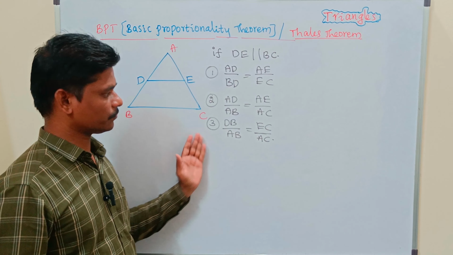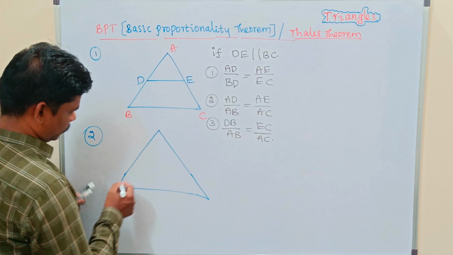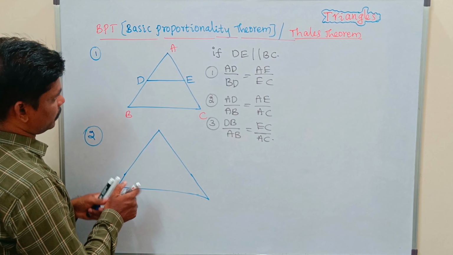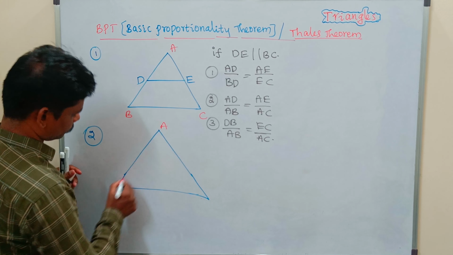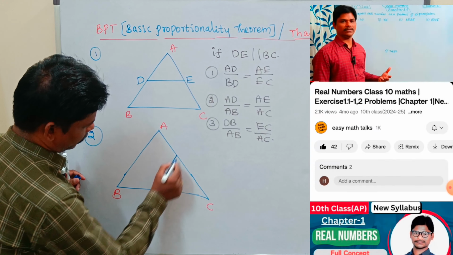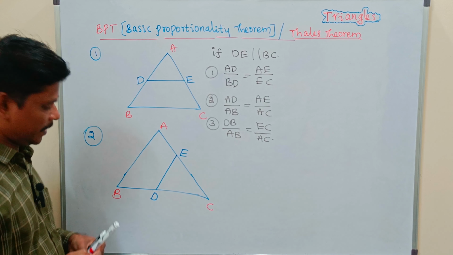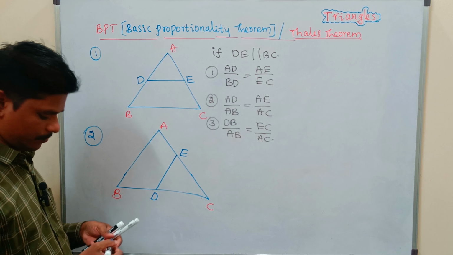Suppose next we take triangle ABC. Here the line is parallel to AB, take this as D. So DE is parallel to AB.